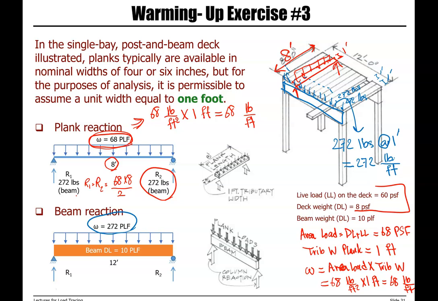That's the load transferred from all of the planks to the beam. Each individual plank transfers 272 pounds, but we have planks at 1 foot from each other, so the load on the beam is 272 pounds per foot, which is 272 PLF.